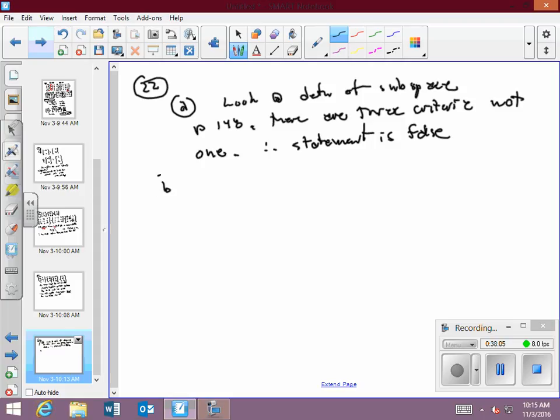The B part there says given vectors v1 through vp in Rn, the set of all linear combinations of these vectors is a subspace of Rn. Well, it's true.